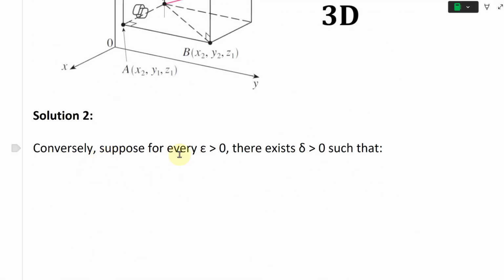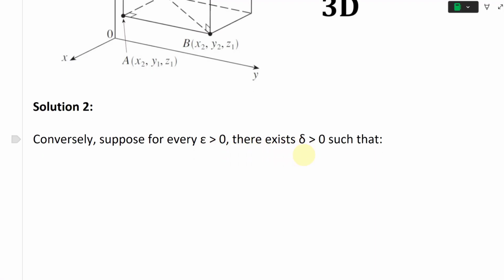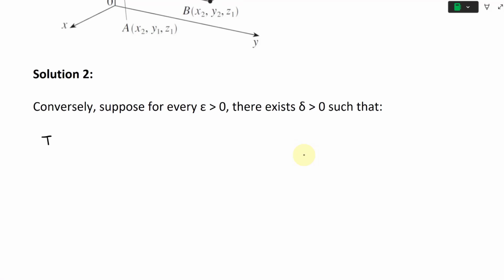So conversely, suppose for every epsilon greater than 0, there exists a delta greater than 0, such that if the absolute value of t minus a is between 0 and delta, then we have this scenario, and we're going to prove that it's actually the limit.